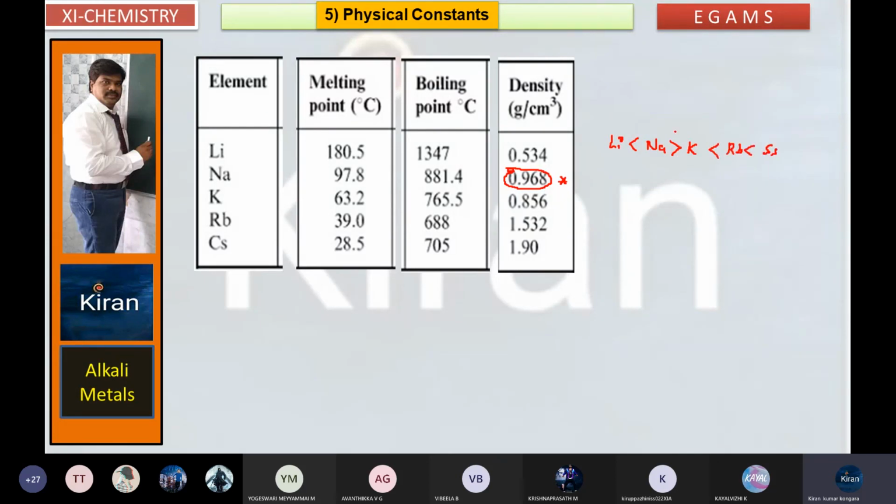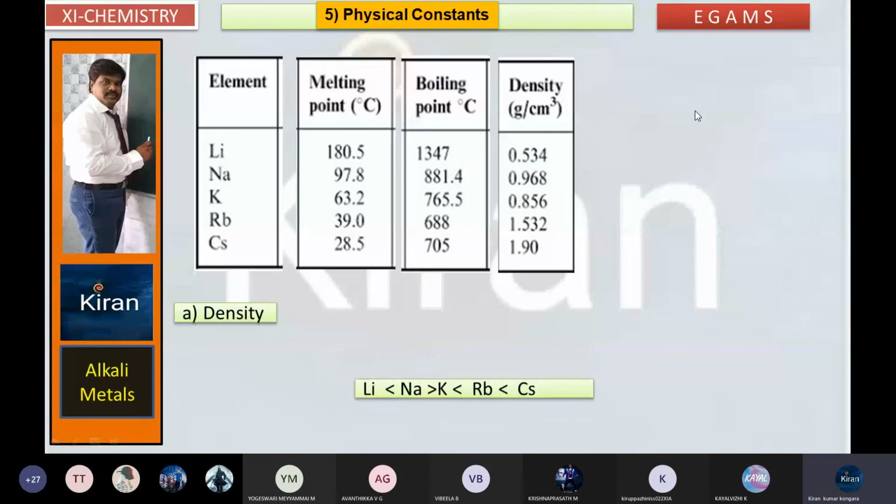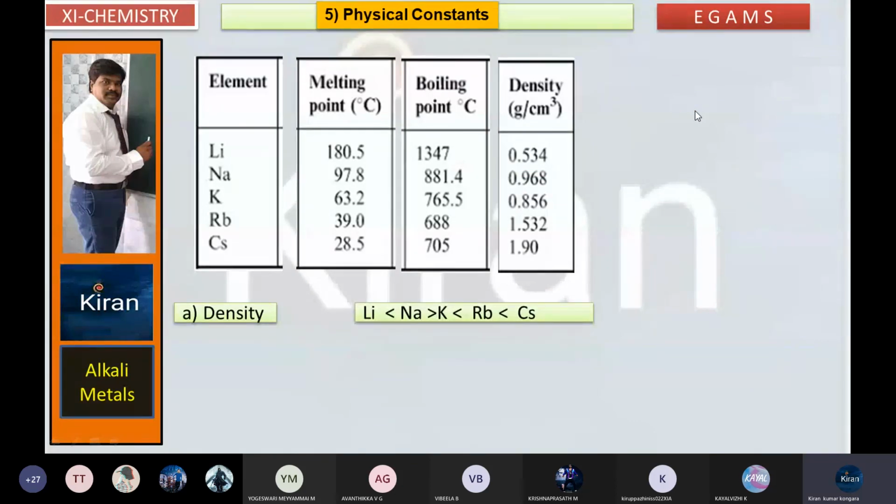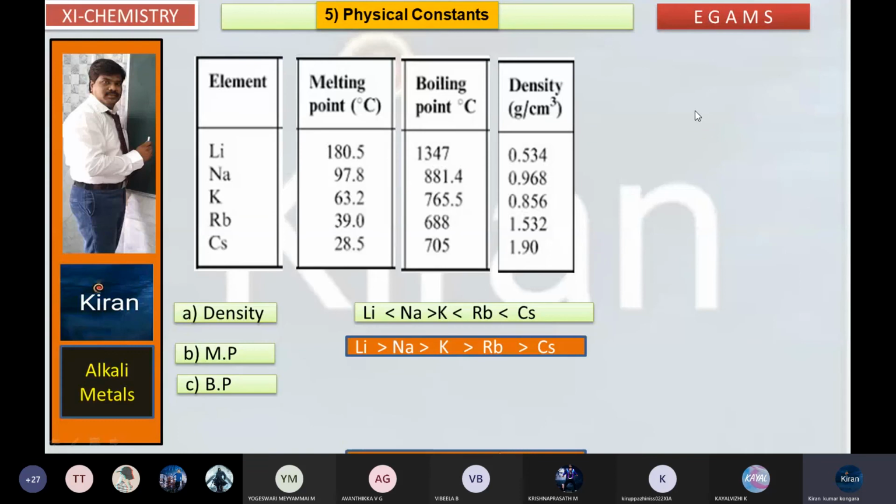This is the order of densities. Important point: lithium is less than sodium, which is greater than potassium, which is less than rubidium, which is less than cesium. Melting points and boiling points are shown here.